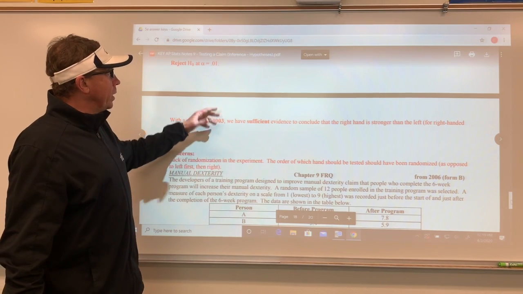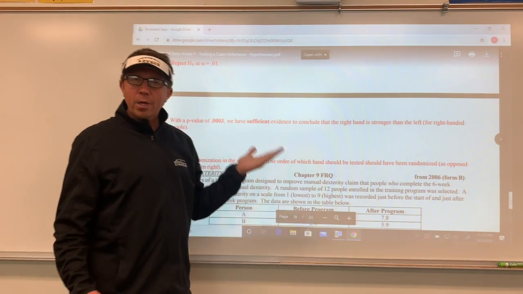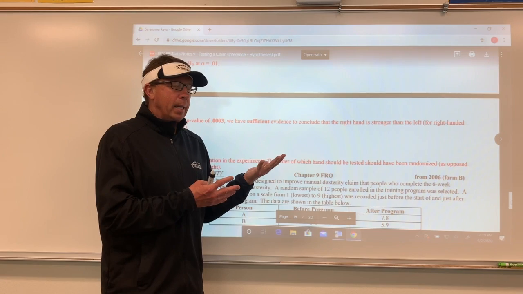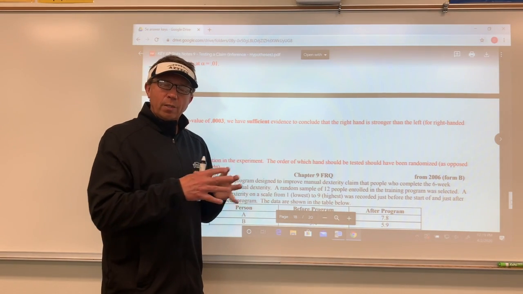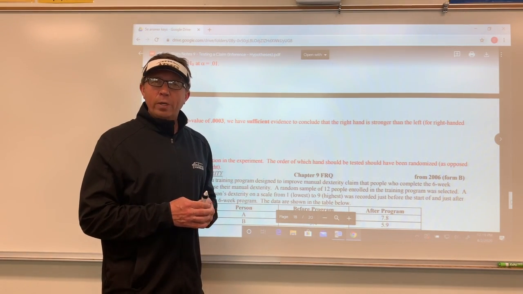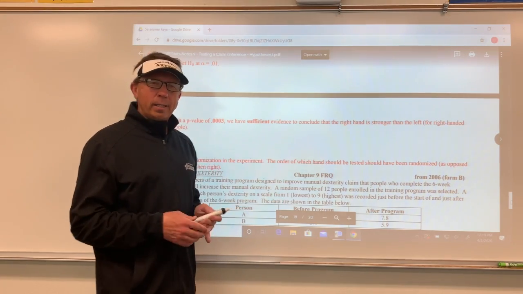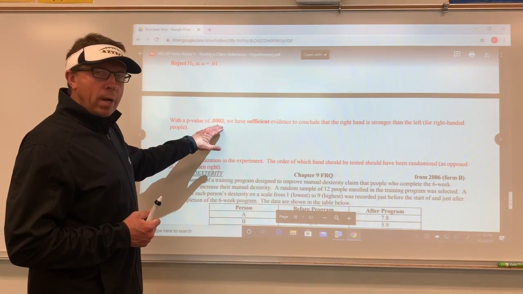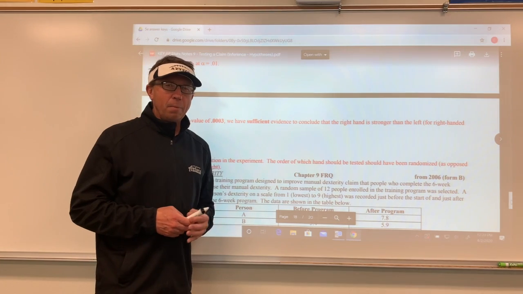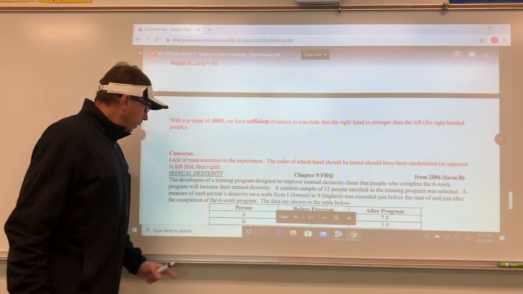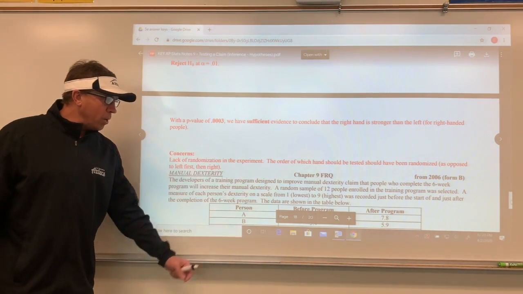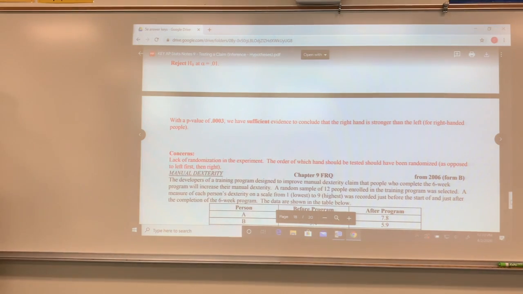But the consequences of that in this case, I don't really know what it would be for the company. Maybe that they implement all these new ways of having their employees do work and it didn't make any difference, something like that. But this is the risk of a type 1 error, which is something else you should be familiar with, okay? All right, the next prompt is another manual dexterity problem.